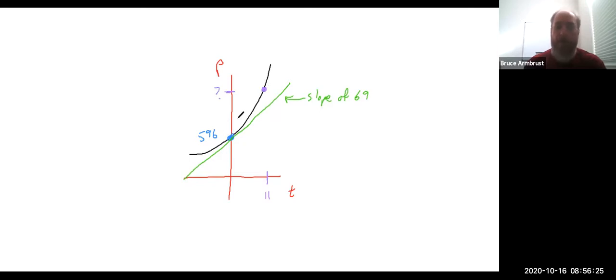But we don't know the black function. So instead, we're going to use the green function, because the green function, we actually can get an equation for it. It's a tangent line. There's a point on it. We've got a slope. We can use that to figure out what its value is at 11, and we're going to use this as our estimate.